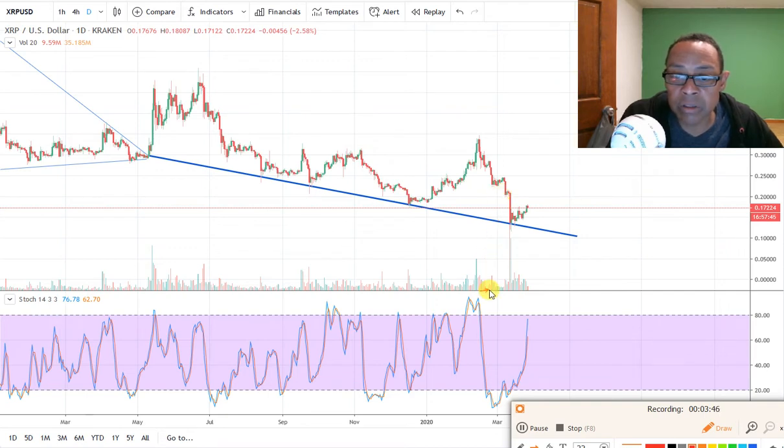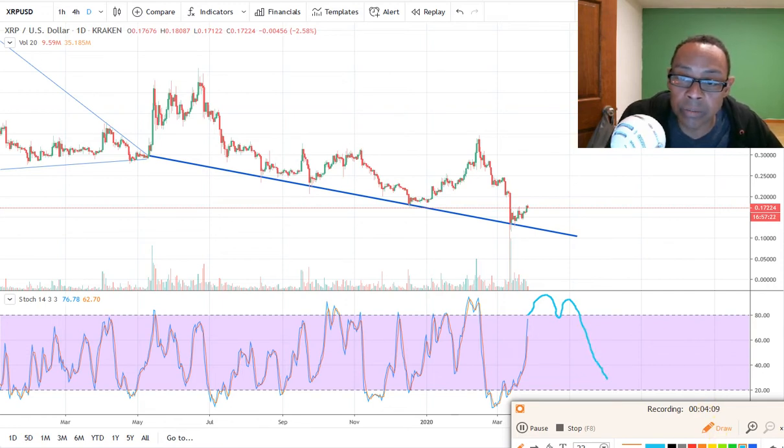Now, this is what's kind of not looking so hot, guys. What's the stochastic doing here? Look at this thing coming up like that. And of course, if we just kind of sketch it on, we're probably looking at a peak happening somewhere here. And then, you know, it could double hump, but it's going to go back down, something like that.